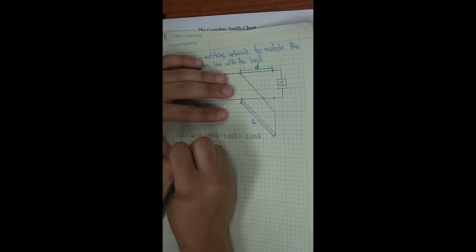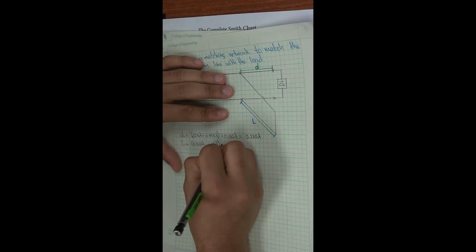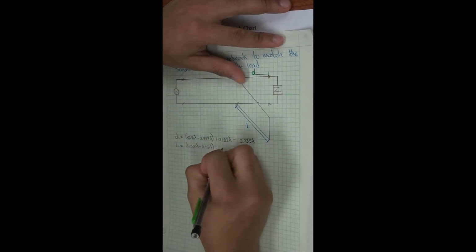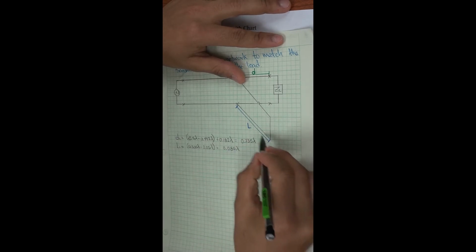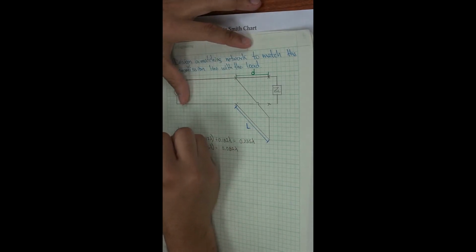So it will be 0.335 lambda minus 0.25 lambda. That should give us a length of 0.085 lambda. This will conclude the first solution.